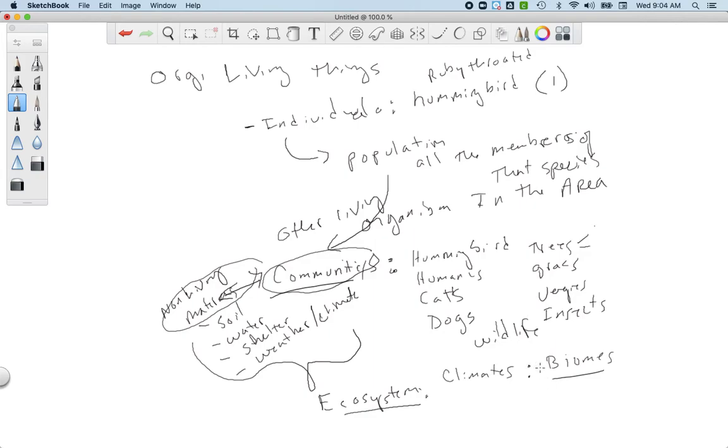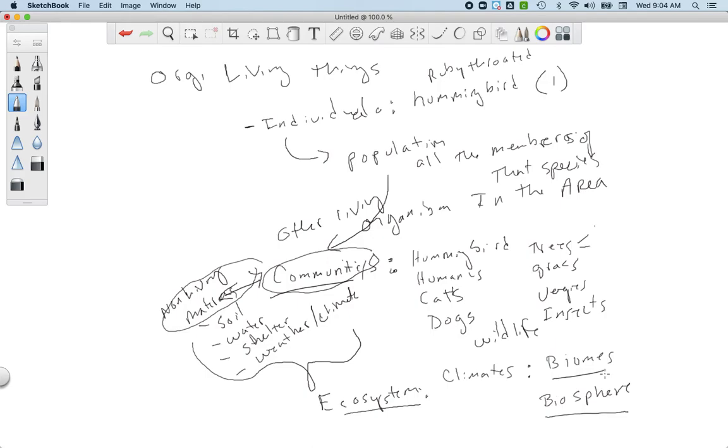But it's all based on what we've learned about the cell, the needs of the cell, how the cell survives, how some cells are able to make glucose, and how all cells are able to use that glucose to make ATP. In order to do that, they need these things. What is life? So we've got individuals, populations, communities, and ecosystems, and we're going to divide those ecosystems into 8 or 9 different major groups that we're going to call biomes, and all of those major groups are going to be part of the planet, which gives us the biosphere.